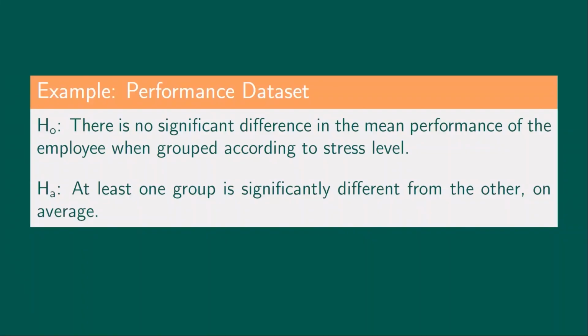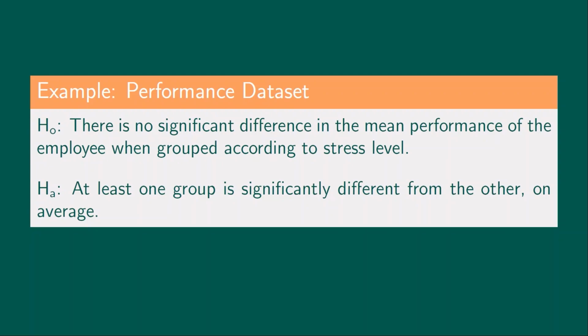The next step is to formulate the null and alternative hypotheses. The null hypothesis is there is no significant difference in the mean performance of the employees when grouped according to stress level, whereas the alternative hypothesis is that at least one group is significantly different from the others on average.